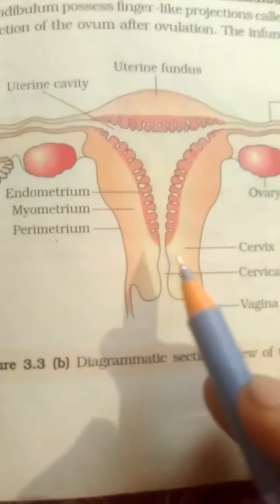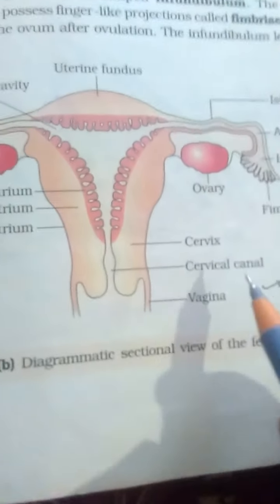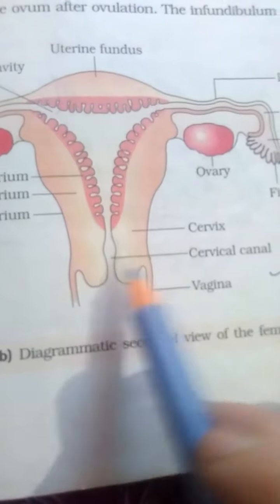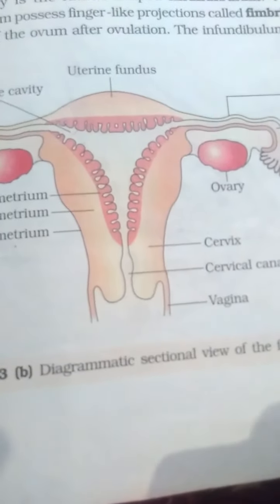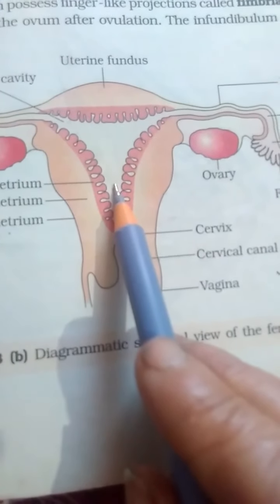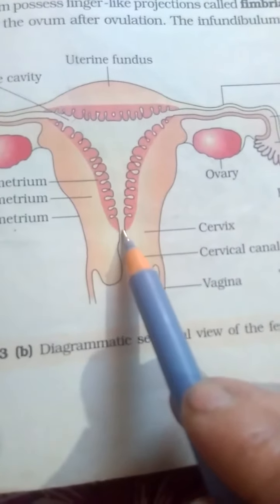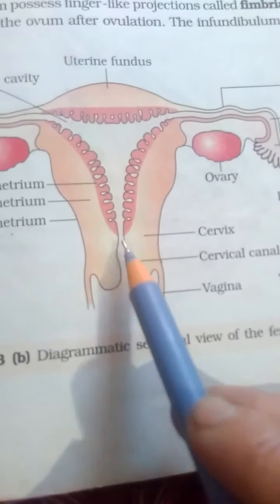And you can see in this diagram that this cervix actually encloses a canal, and that canal is called as cervical canal. Okay. Now, cervix communicates above with the body of the uterus by means of an aperture called as internal os, right?